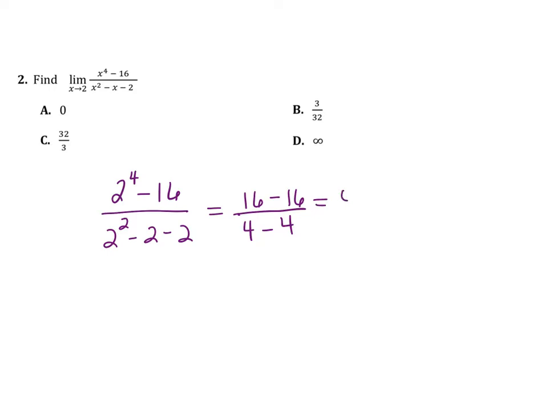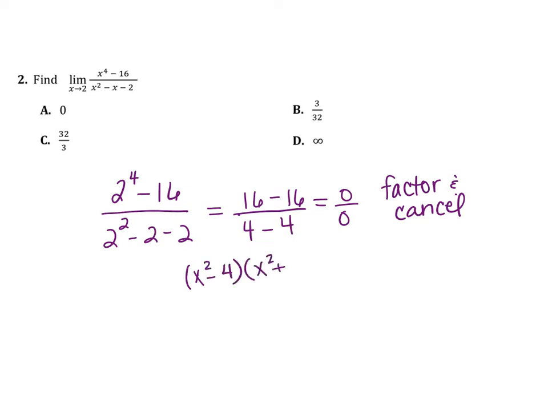We're going to get 0 over 0, which means we need to factor and possibly cancel. So let's see what happens with factoring and canceling. In the numerator, it looks like we're going to have x squared minus 4 times x squared plus 4, and in the denominator, we have x minus 2 times x plus 1.